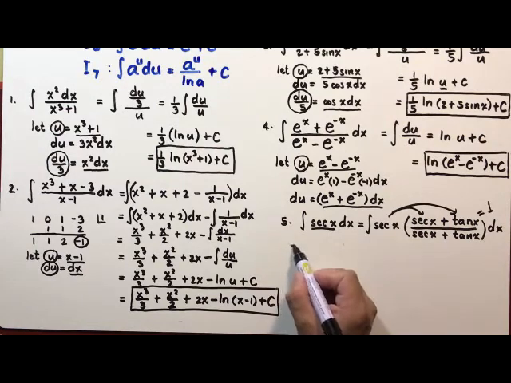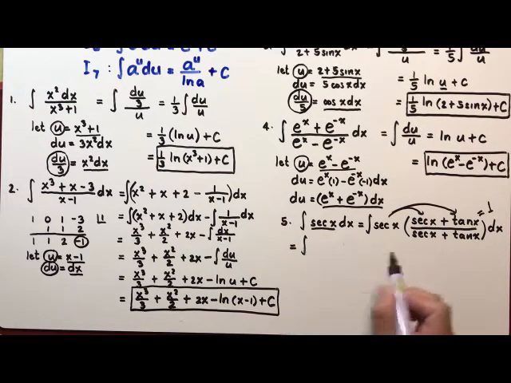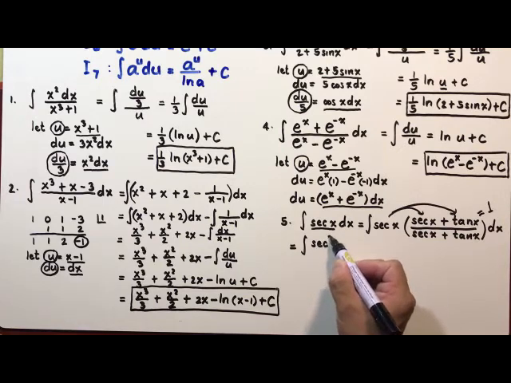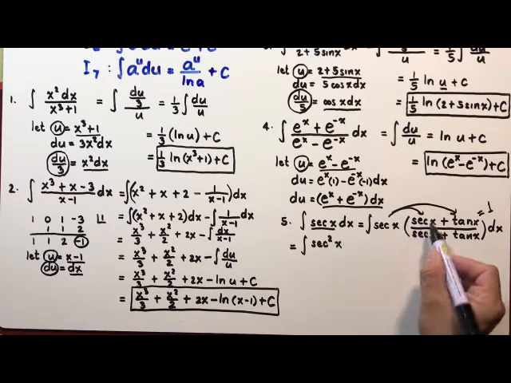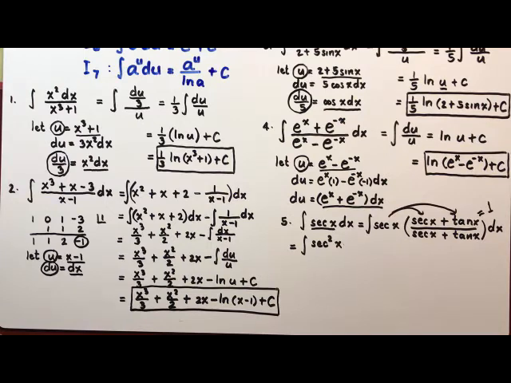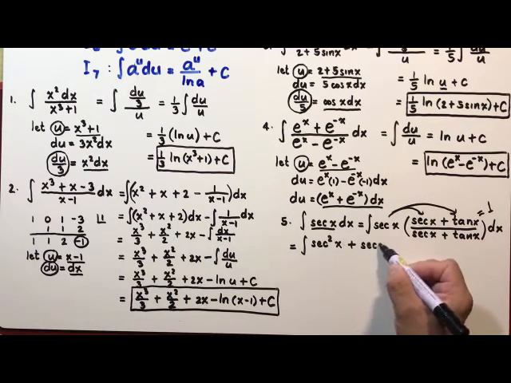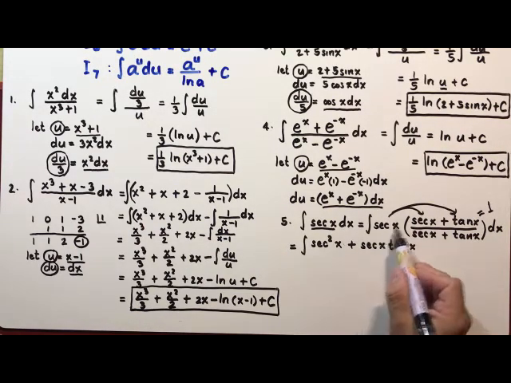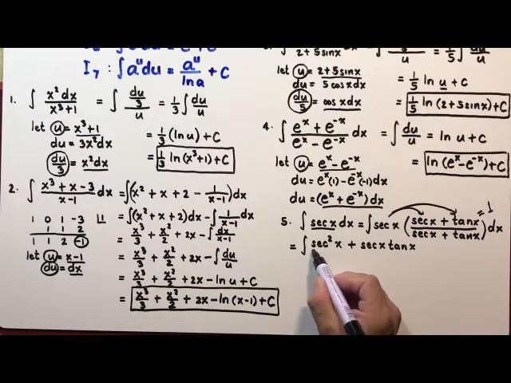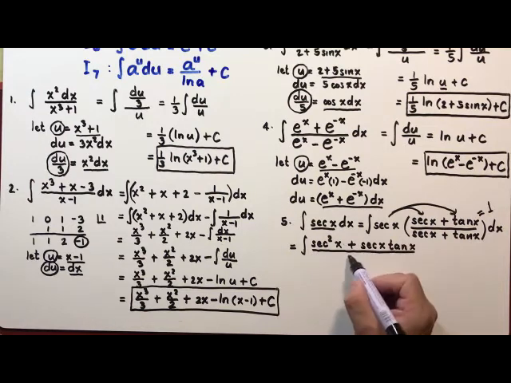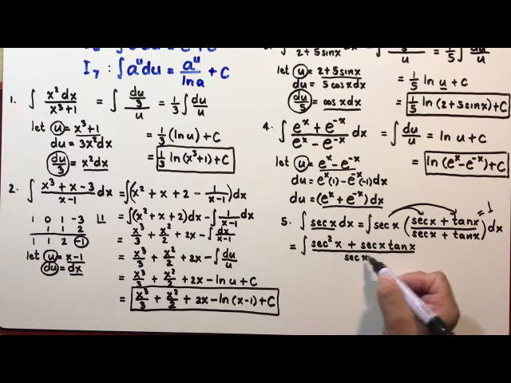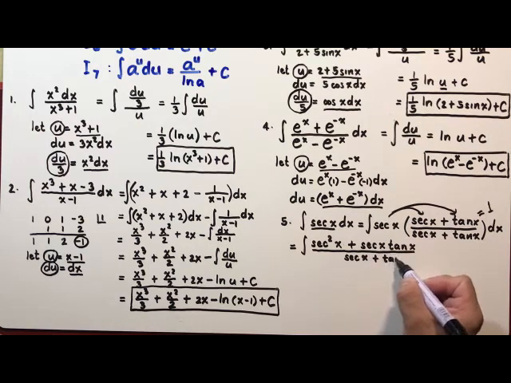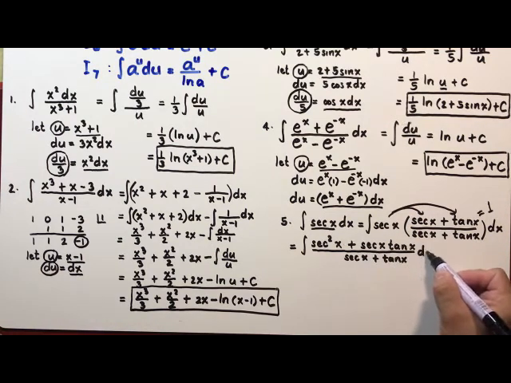So this is equal to the integral of secant squared x, because secant x times secant x is equal to secant squared x, plus the secant x times tangent x here, because secant x times tangent x is secant x tangent x. But of course, there is a denominator which is secant x plus tangent x dx here.